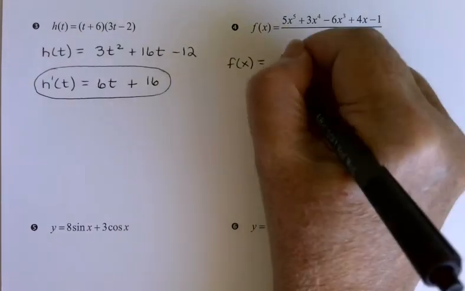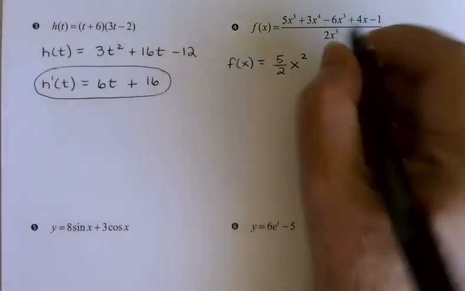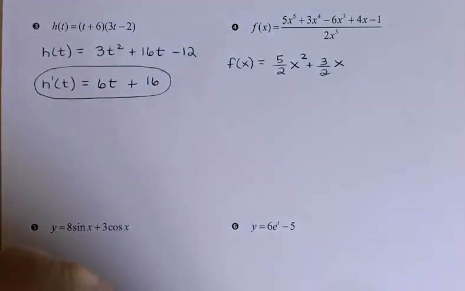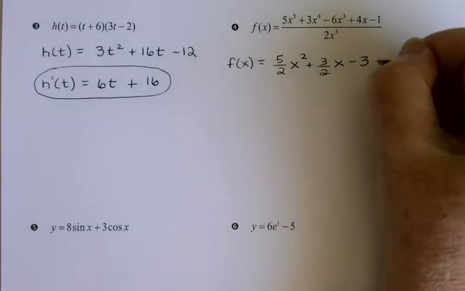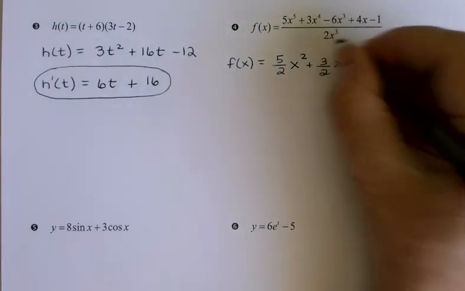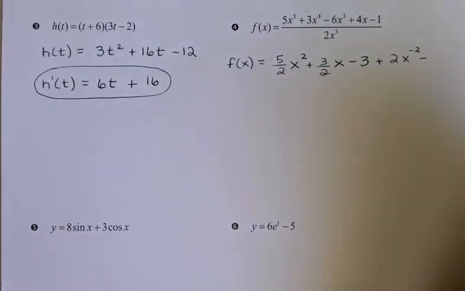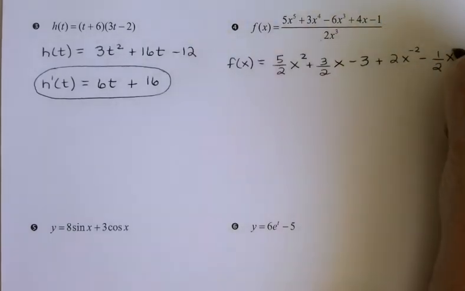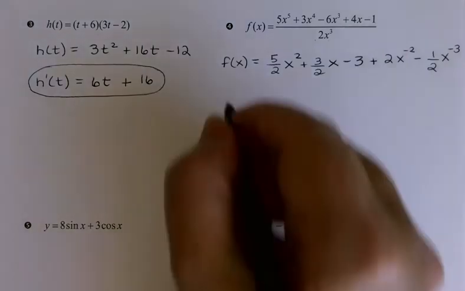I'd have 5/2 and subtracting exponents, x to the second, plus 3/2 x to the first, minus 3, plus this will be a 2x to the negative 2, subtract, and I'm going to write that last one as a 1/2 and then an x to the negative 3 so that I can easily use my power rule.